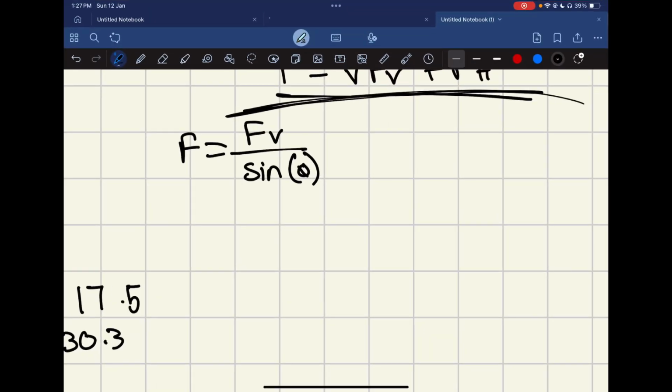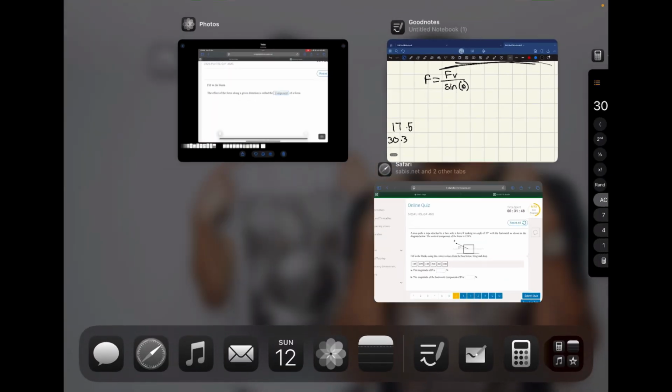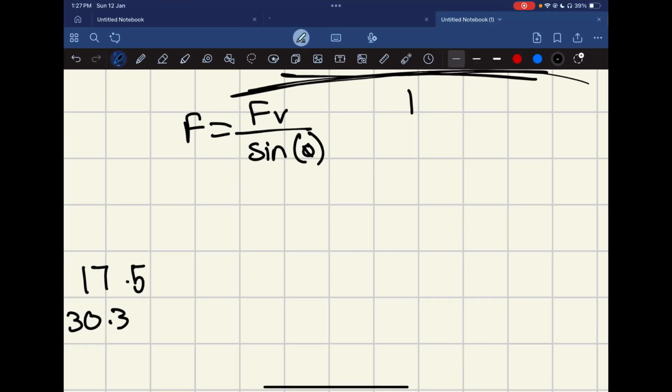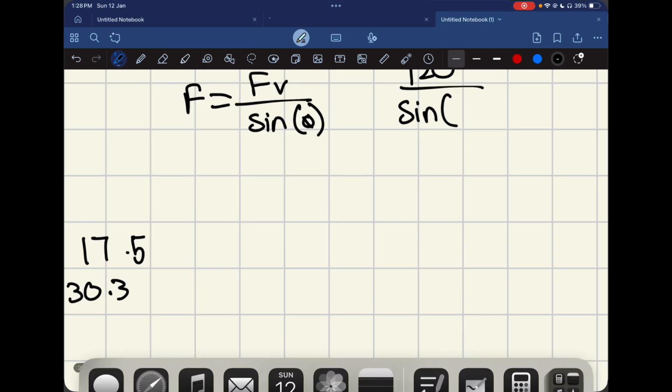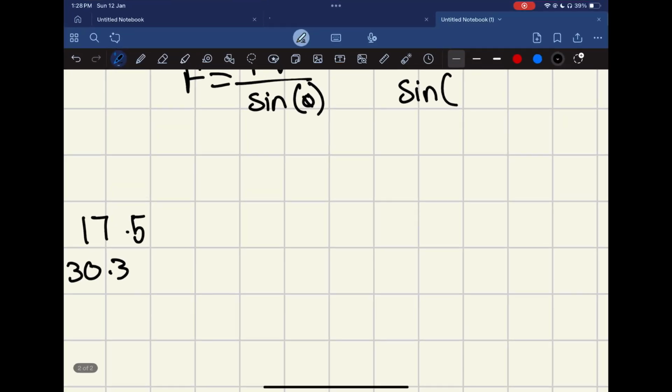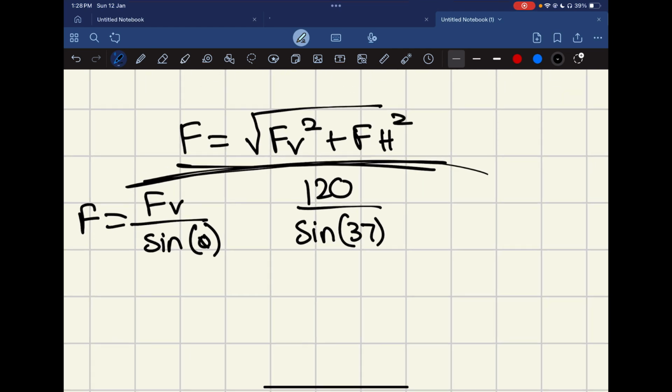then you have to do, what are the numbers? Vertical component 120, and the angle being 37.